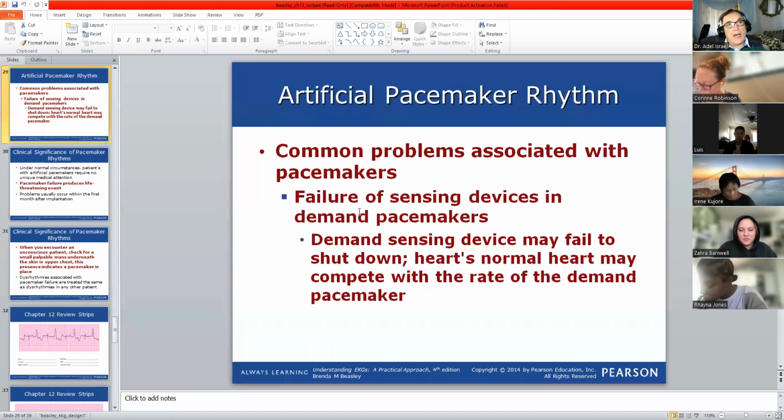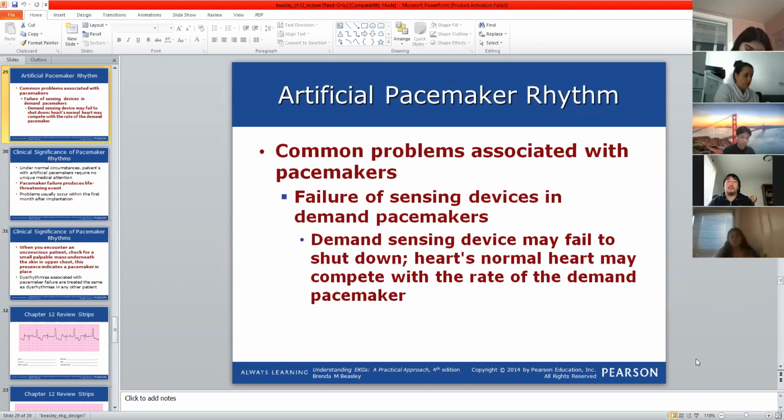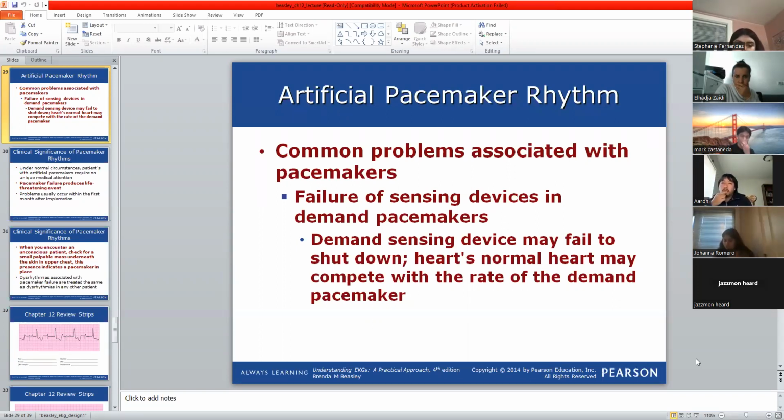Another one is failure of sensation. I adjusted the machine, like, I need the patient to be at 75 beats per minute, and he finds that the heart rate has dropped to 60 and the machine is not responding. It should work, but actually it is not working. It is like the thermostat of your AC not being aware that the temperature is getting high.